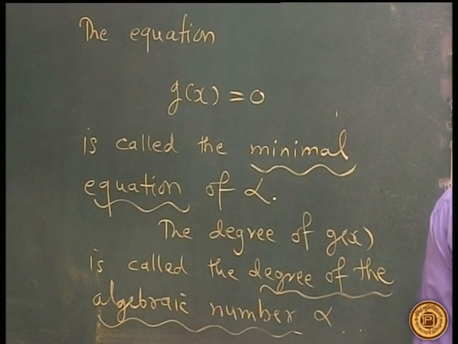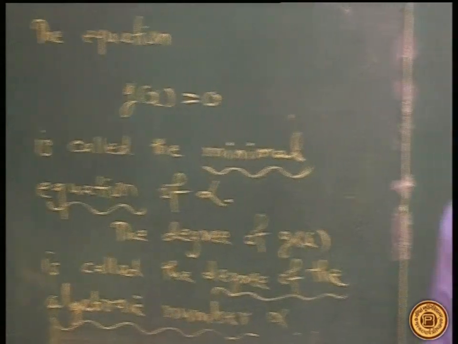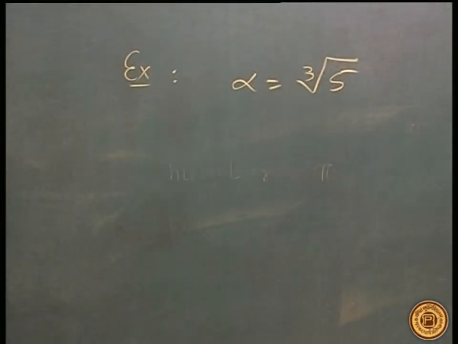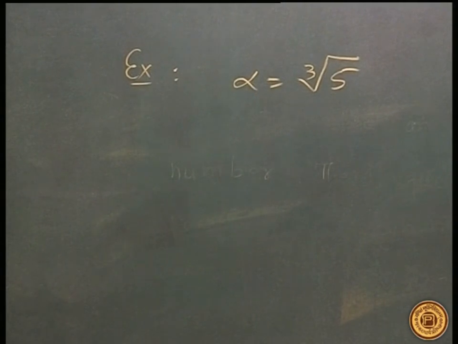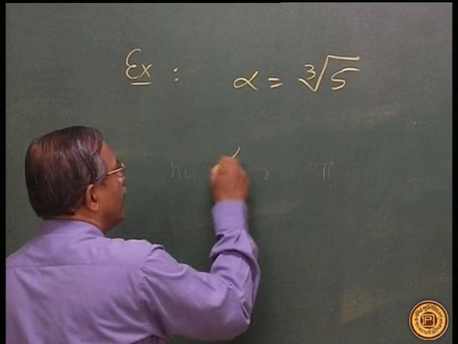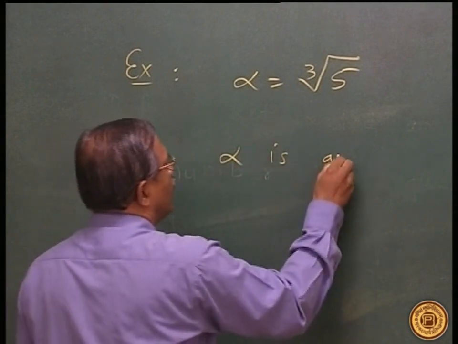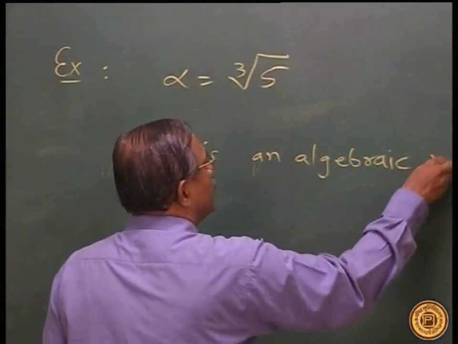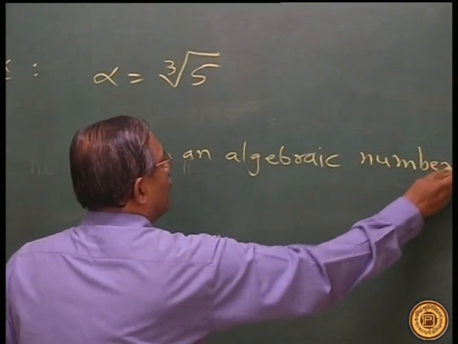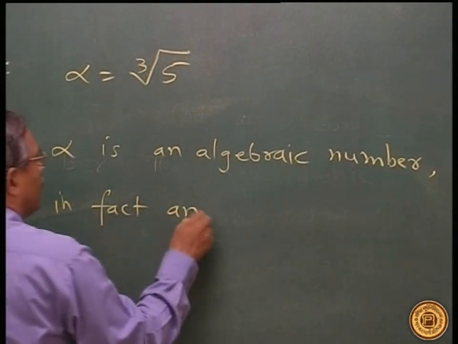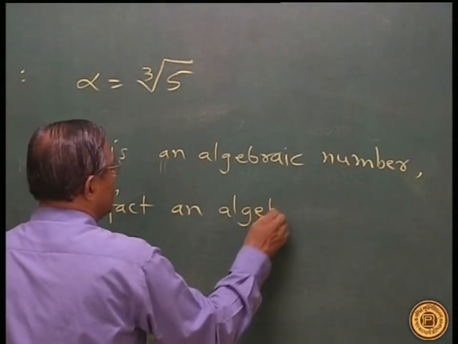For example, if you take alpha equal to cube root of 5, this is an algebraic number, in fact an algebraic integer.